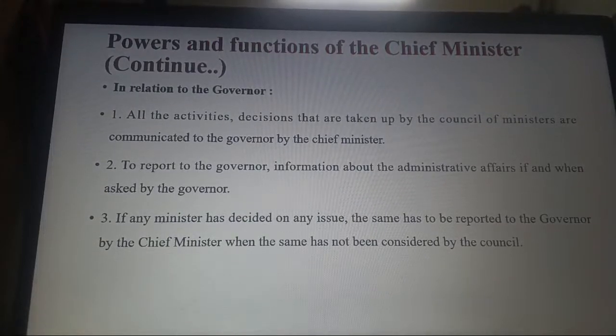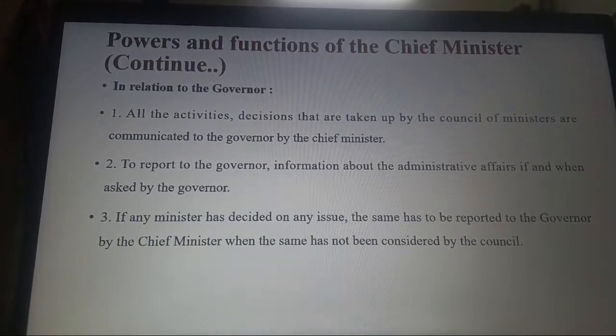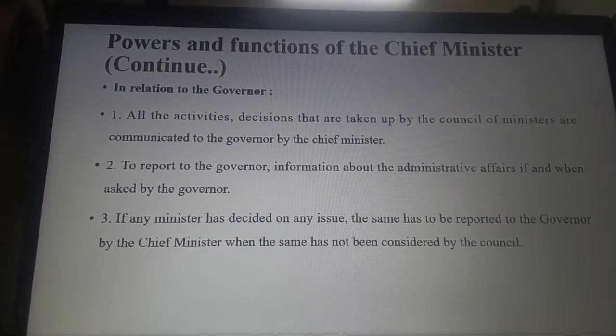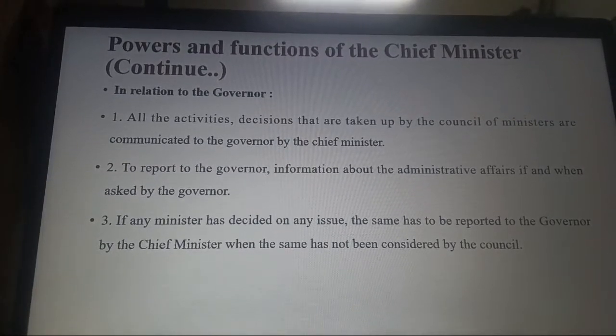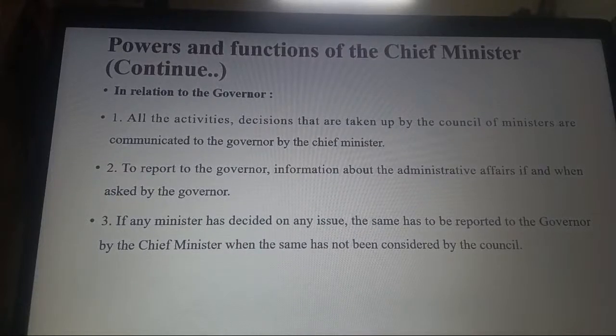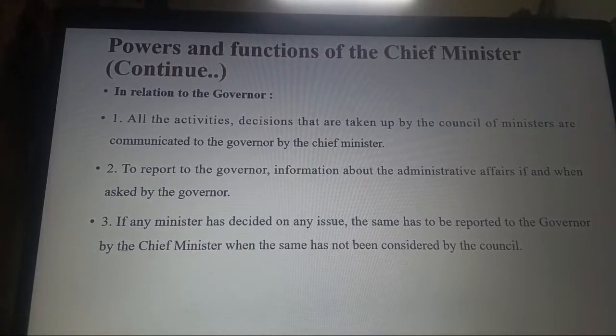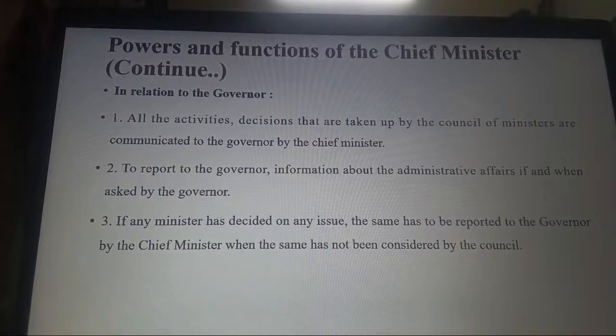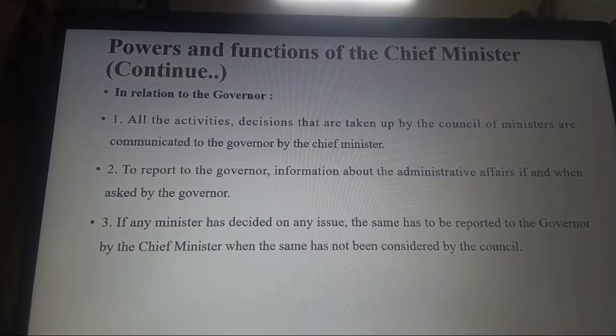In relation to the Governor, all the decisions that are taken by the Council of Ministers are communicated to the Governor by the Chief Minister, who also reports information about administrative affairs if and when asked by the Governor.